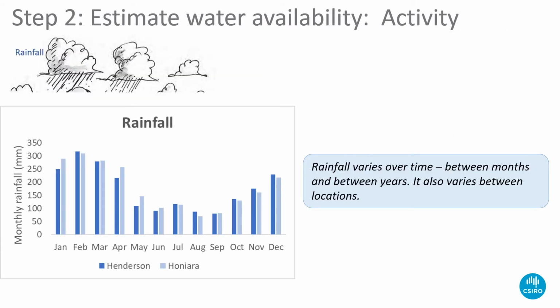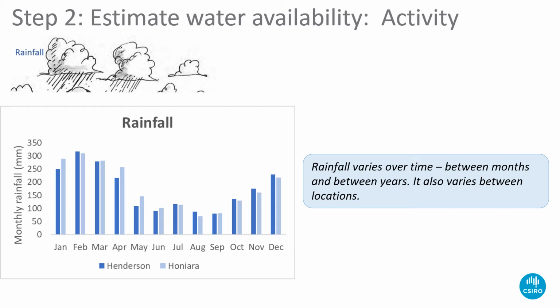The second step is estimating how much water is available in different parts of the catchment and how this changes over time. We can do this quantitatively using rainfall data and models to estimate how much rainfall becomes surface runoff or infiltrates into the ground.